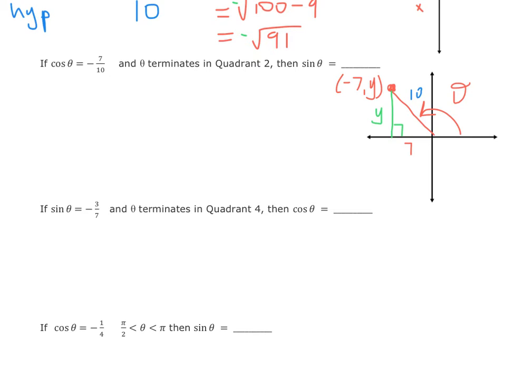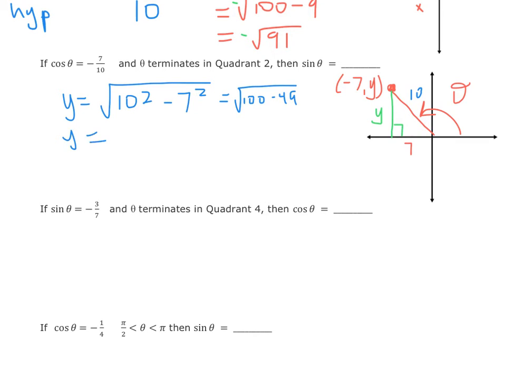To find what y is, using the Pythagorean theorem, we take the hypotenuse squared minus the side we know, 7 squared. So 100 minus 49 underneath the square root, so we get y equal to the square root of 51.